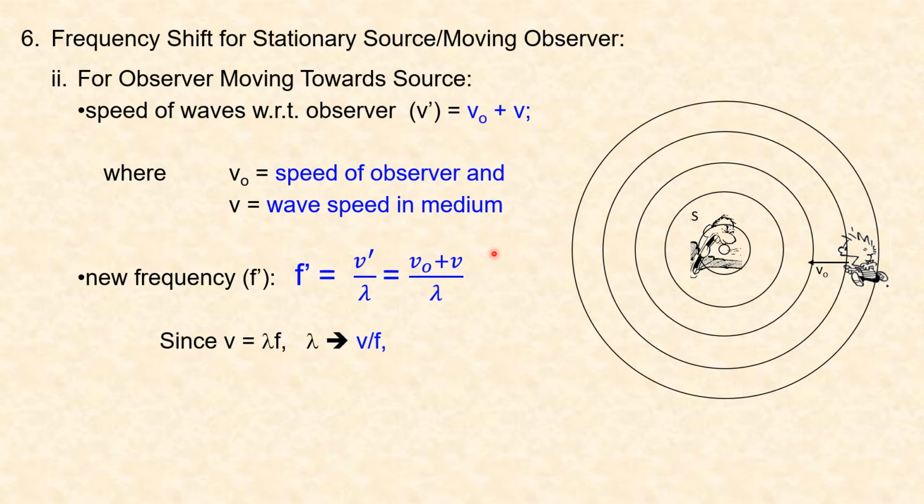When we make that substitution, we can write our equation like this: f prime equals v naught plus v divided by v over f, and we will ultimately write it as such. So the new frequency is equal to the speed of the observer plus the speed of the wave in the medium, divided by the speed of the wave in the medium, times that original frequency.